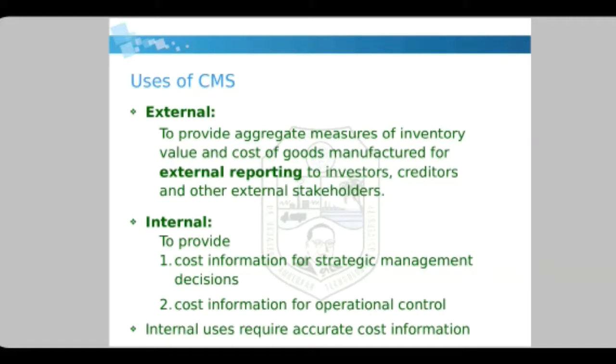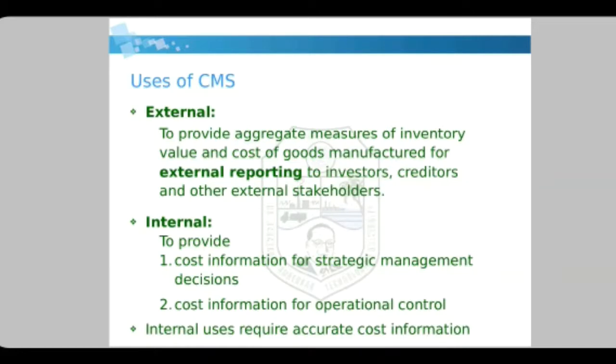Or if there is someone who is interested in investing into that company, then that company needs to give its overall cost management to that investor, so that the investor will decide whether that company is eligible for investing. Or creditors, creditors means bankers and all. So these are the external uses.